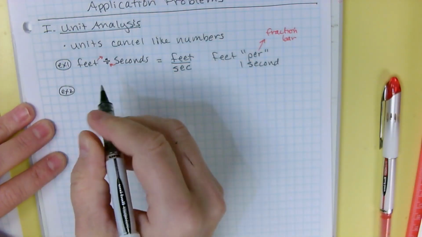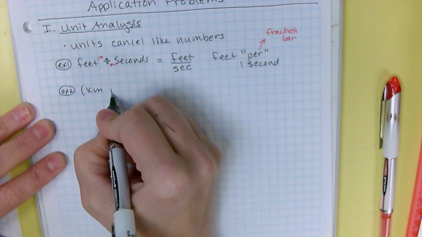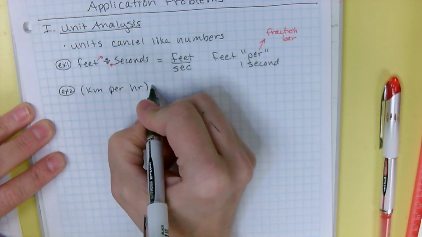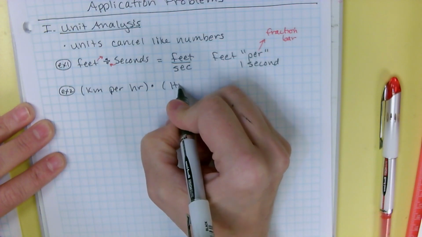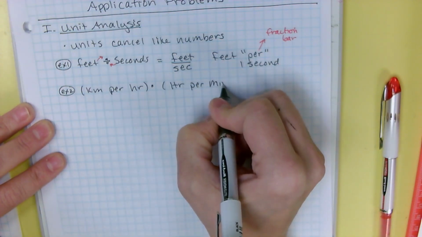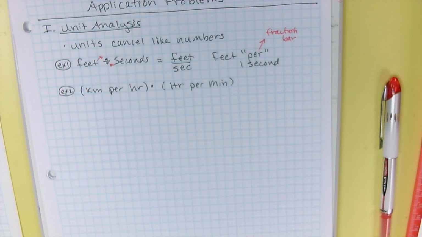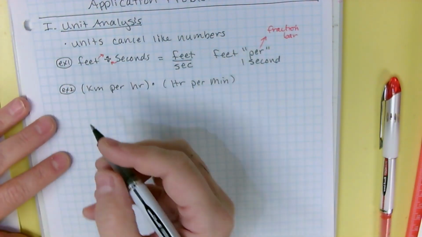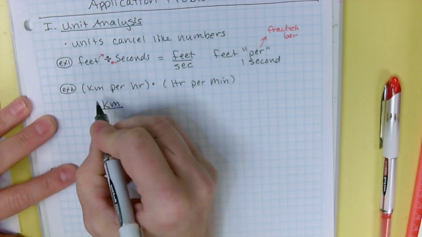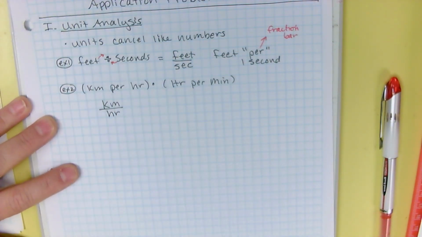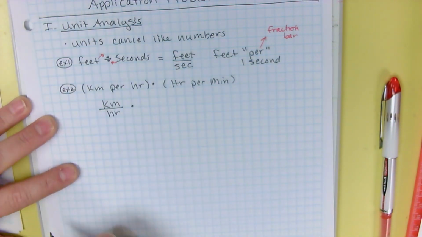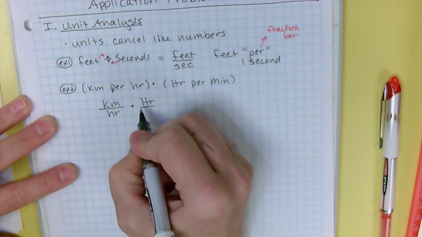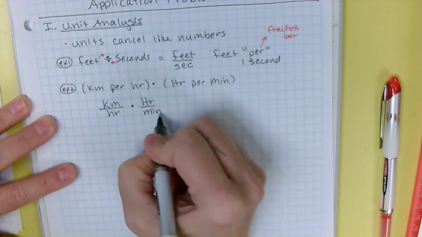All right, let's do another example. Let's say you've got kilometers per hour times hours per minute, and you're trying to simplify the units down to one answer instead of all these pieces and parts. Again, the per means fraction bar. So you're going to put kilometers over hours, times hours over minutes.